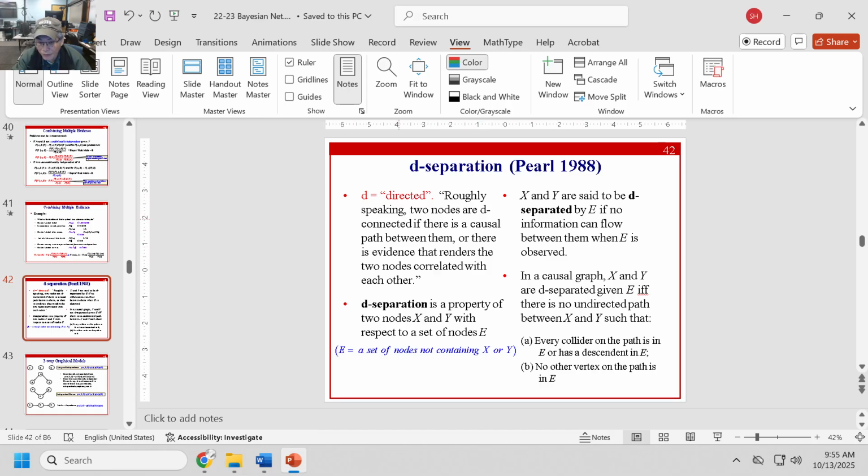Roughly speaking, 2 nodes are d-connected if there is a causal path between them, and there is evidence that renders the 2 nodes correlated with each other. So in experimental design, this is confounding. They are related because there's a common cause.